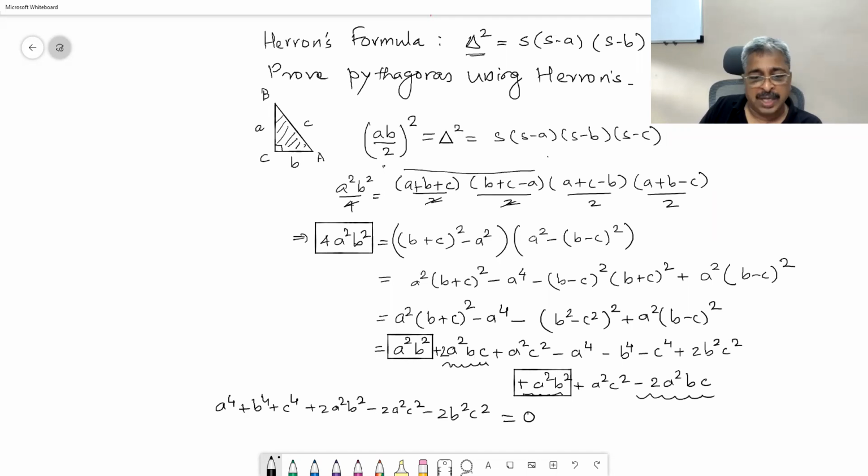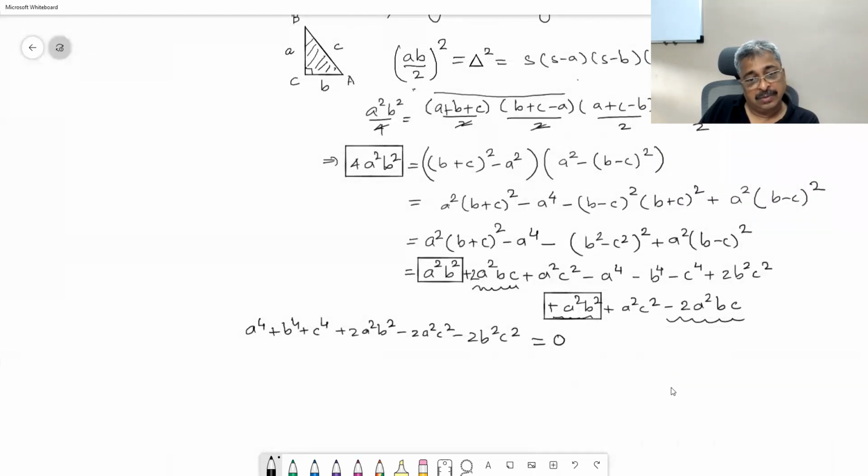So they are so nice with us. So I think this should be a square of A square plus B square minus C square, bracket square.